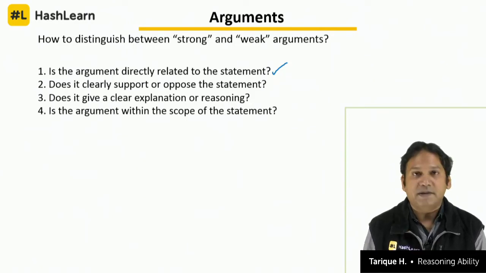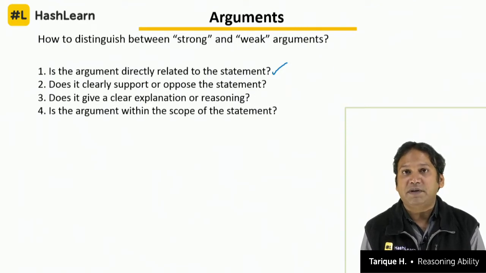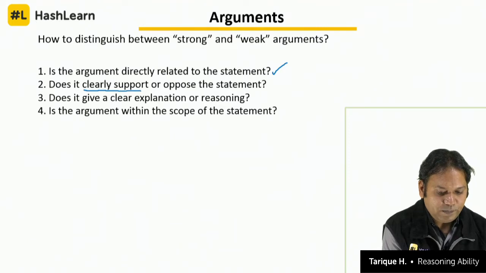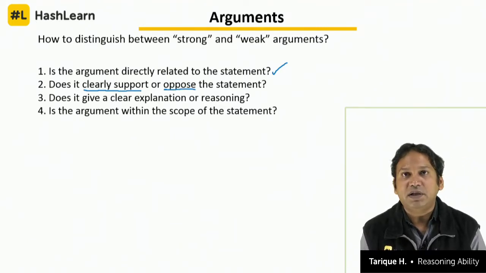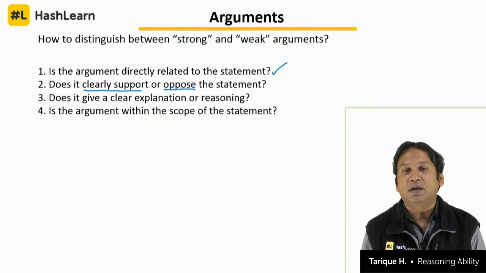The second thing here is, does it clearly support or oppose the statement? Very important to focus on this word here, clearly support or oppose. The argument or the answer given by a person should not be equivocal. Equivocal means confusing.